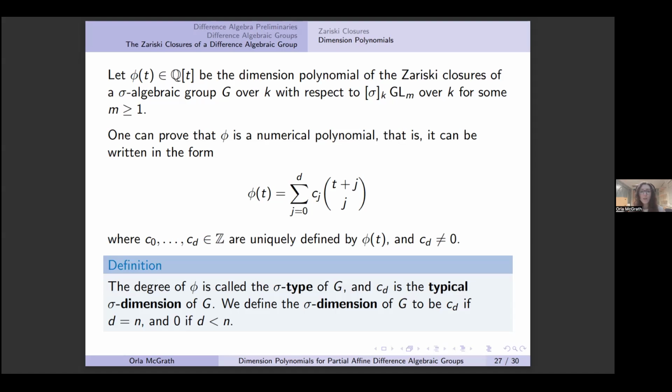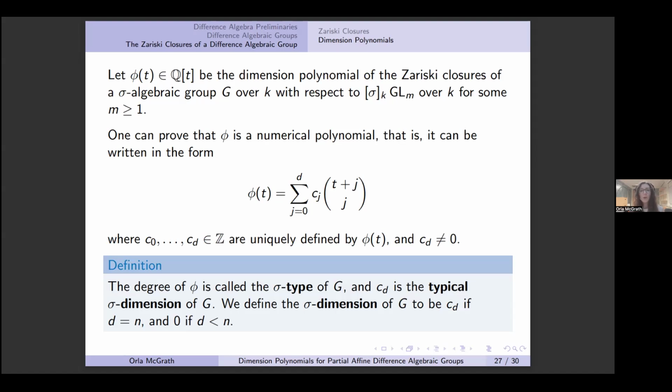Hopefully you are happy if I say that an additive difference algebraic group corresponds to a difference module in some nice way. And there's been a lot of research into dimension polynomials of certain different structures, and particularly in Levin's 2008 book, Difference Algebra, these invariants of a difference module are defined.